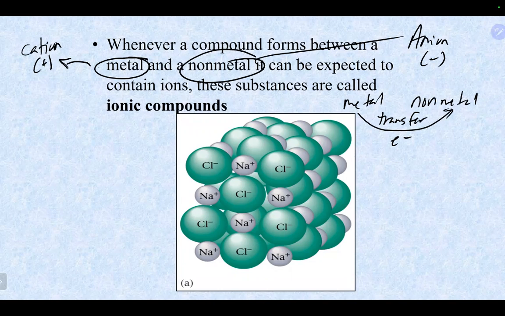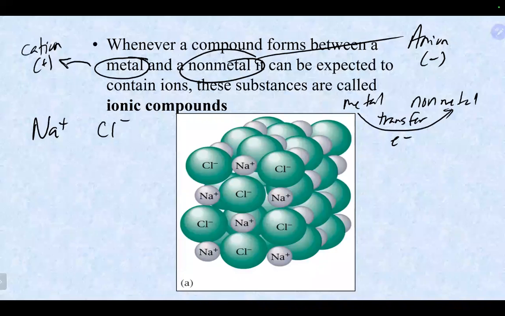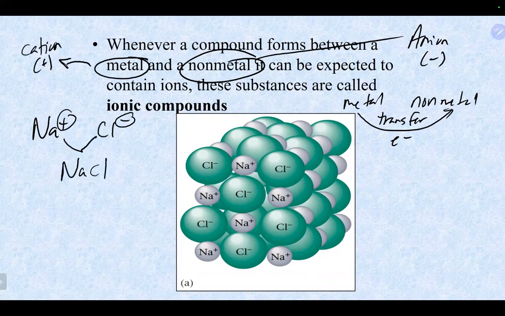When we put the ions together in the formula for an ionic compound, it should always equal 0. So when we take something like our sodium ion and our chloride ion, +1, -1, when we put them together, gives us no overall charge.